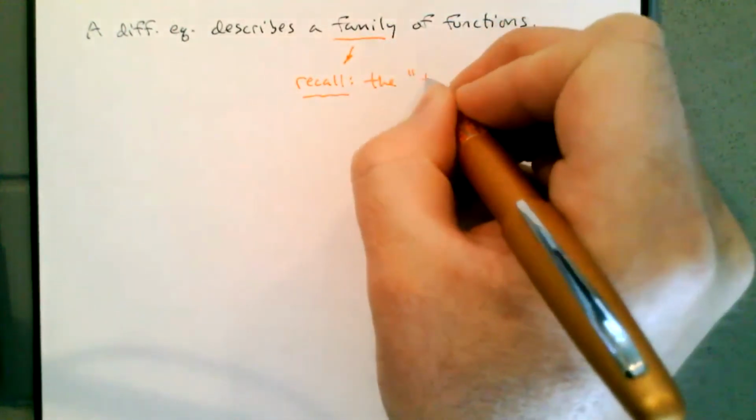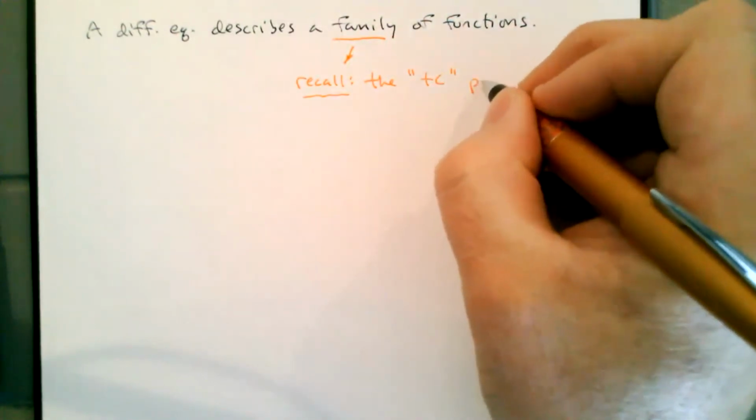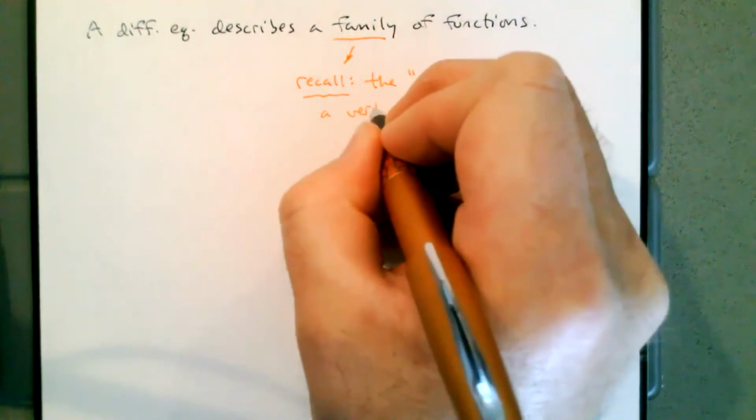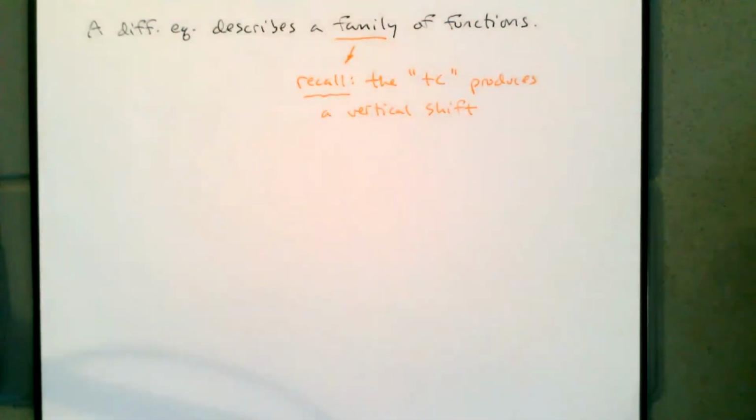The plus c produces vertical shifts. All the solutions to dy dx equals x sine x squared are just going to be 1/2 cosine of x squared moved up or down.